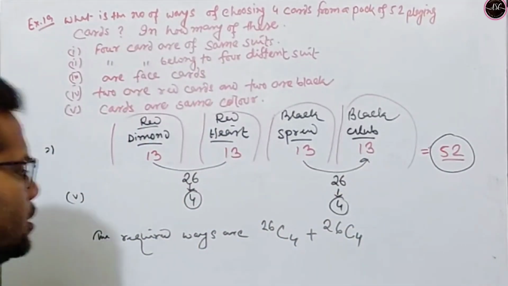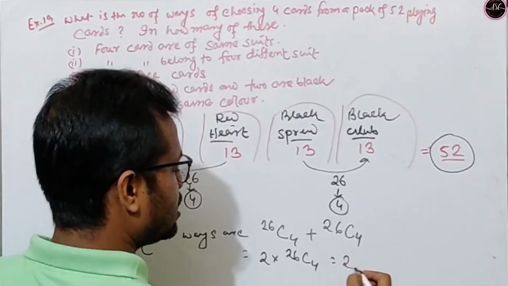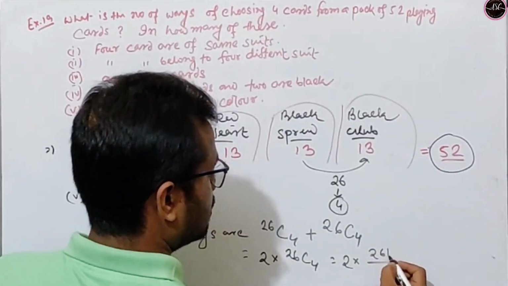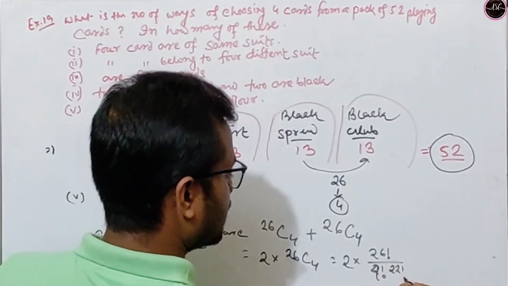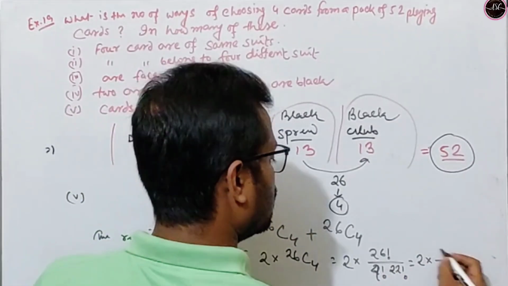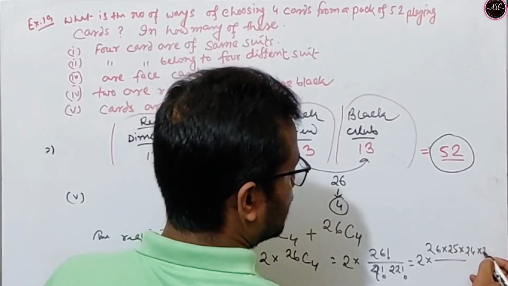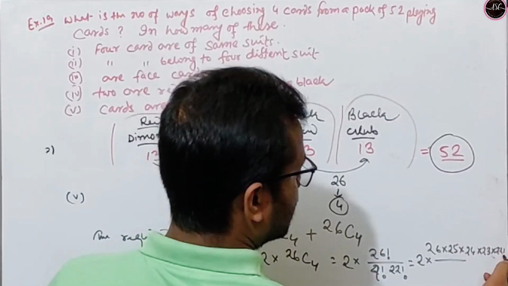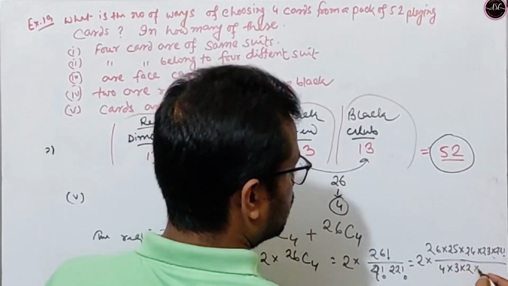Okay, so just calculating this, 2 into 26C4, just applying this formula, 26 factorial divided by 4 factorial into 22 factorial. Just solve this, 2 into 26 into 25 into 24 into 23 into 22 factorial divided by 4 into 3 into 2 into 22 factorial.